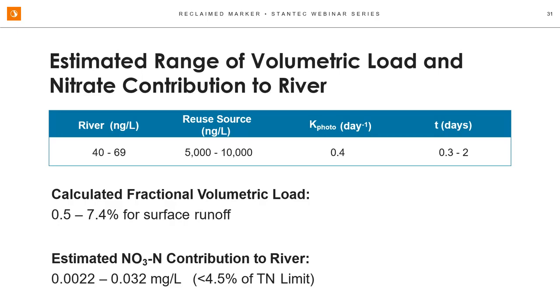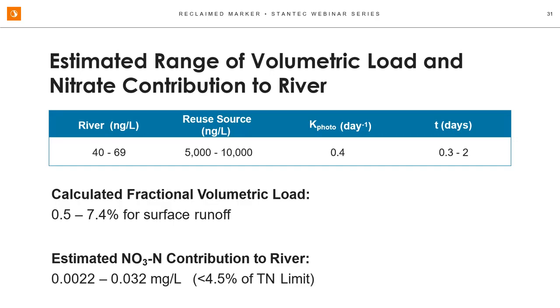We did do photolysis experiments to come up with a photolysis constant, which was 0.4 inverse days. Because we truly didn't know what is the exposure time of the water, we just did the calculations assuming a range of times from 0.3 to 2.